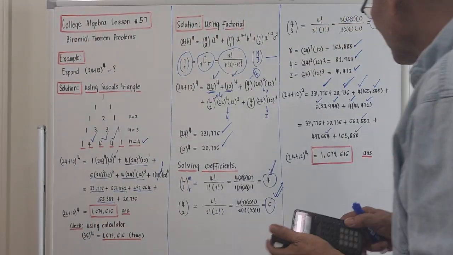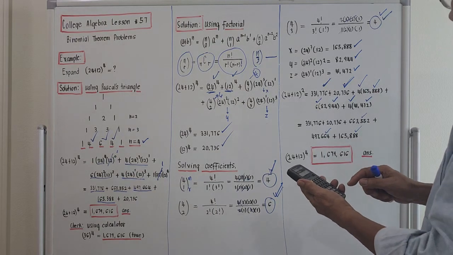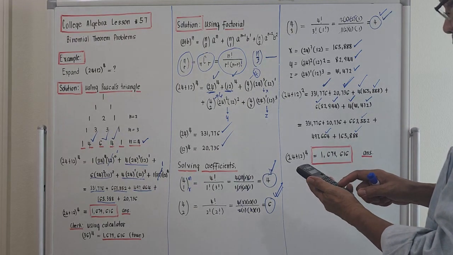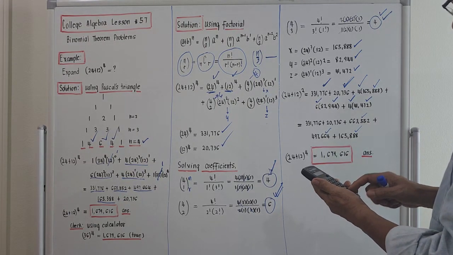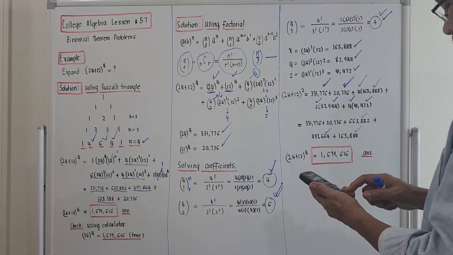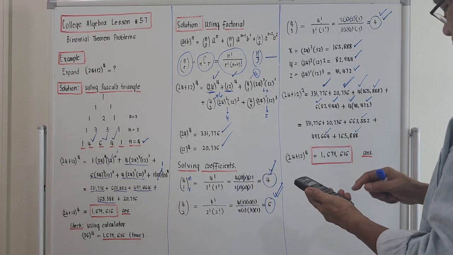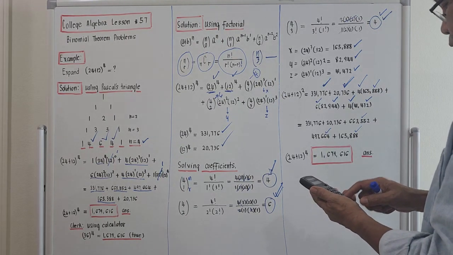So you believe in me, right? Just give me 1 minute. 331,776 plus 20,736 plus 663,552 plus 497,664.